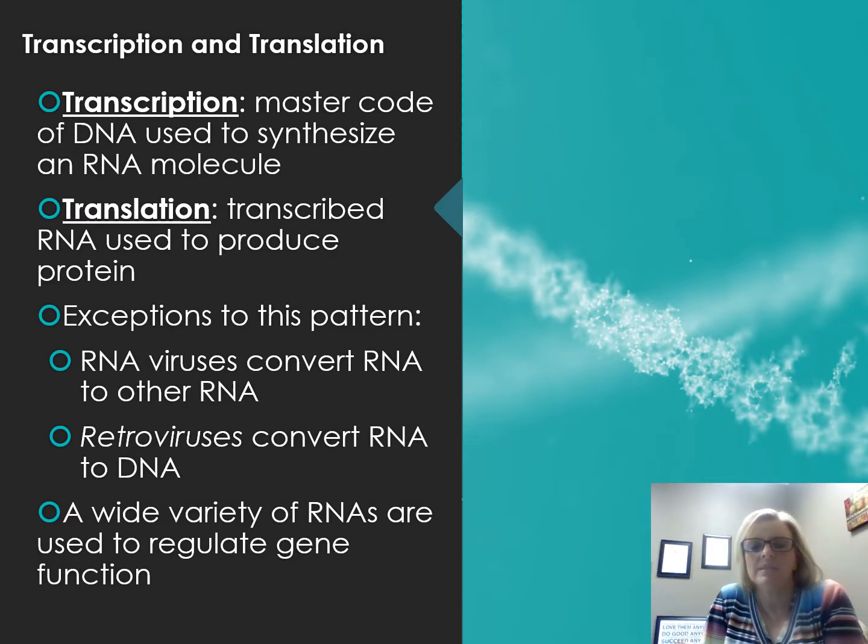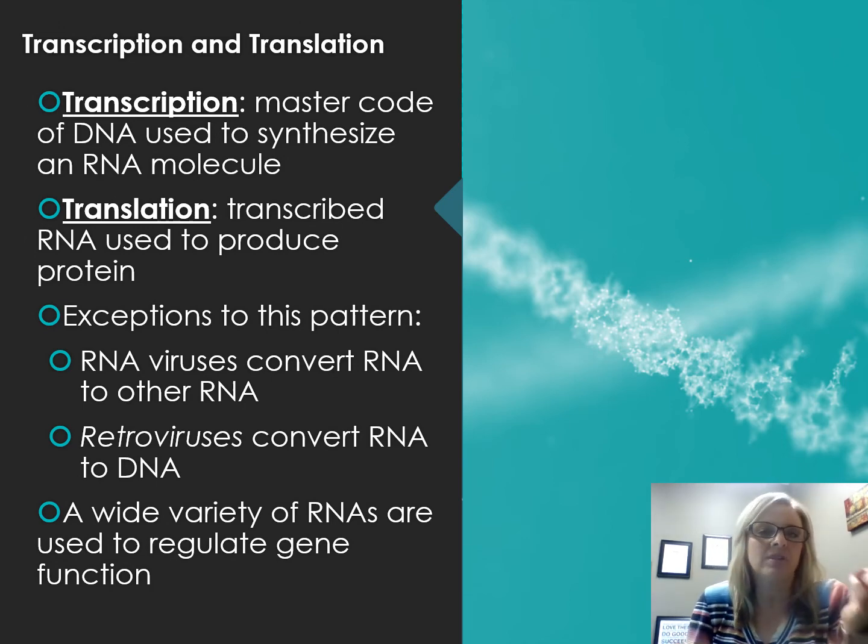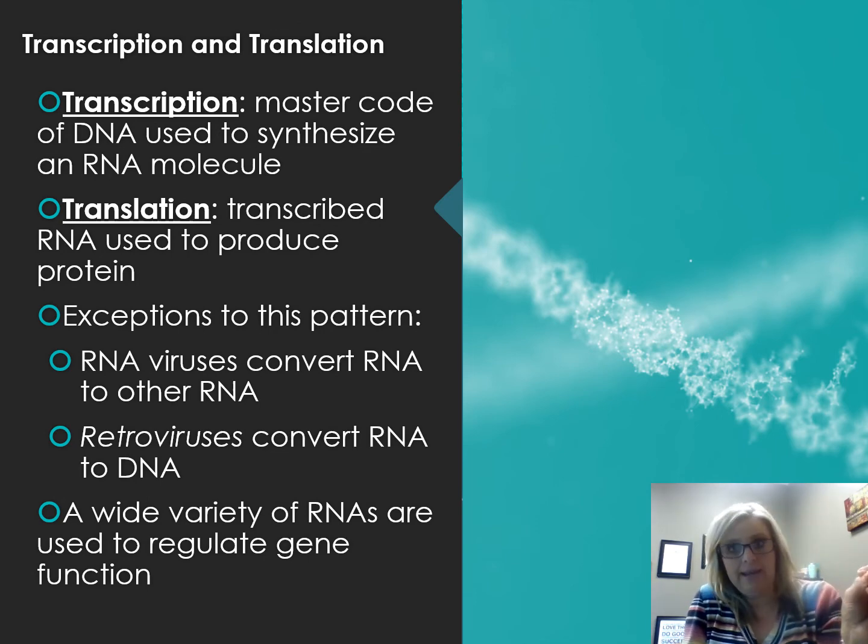So keep in mind that DNA does not actually perform the cell processes, but it stores the information or the directions. And then that is going to be converted into a copy, and that copy is going to be RNA, okay? And then that's going to follow the instructions to build the protein.